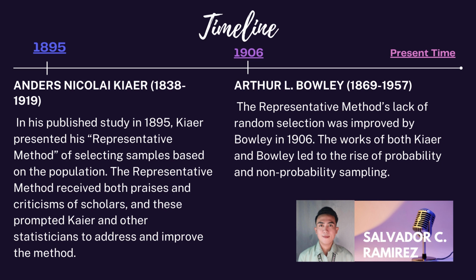So in this part, we need to give also the credit to Arthur L. Bowley. So Kiaer and Bowley actually have different methods, but they were able to come up with just two methods, which are probability and non-probability sampling, which we will talk about later on.